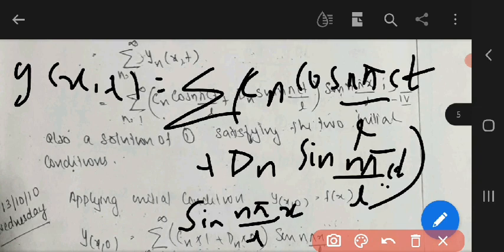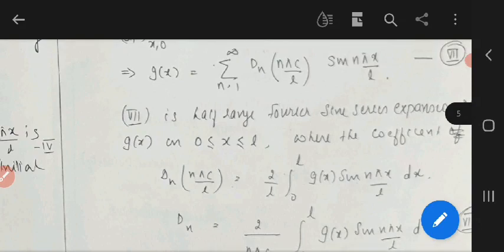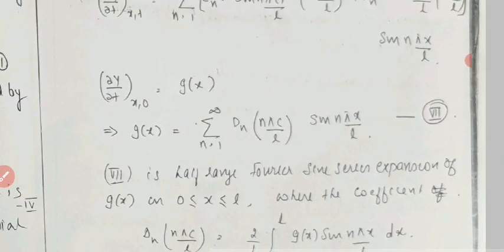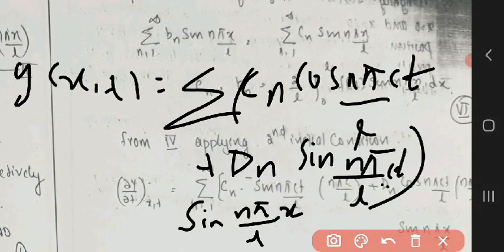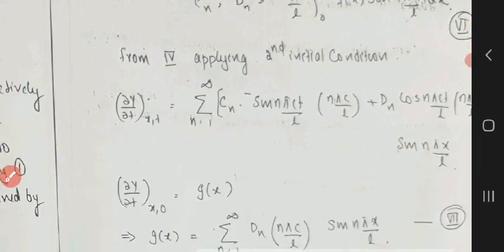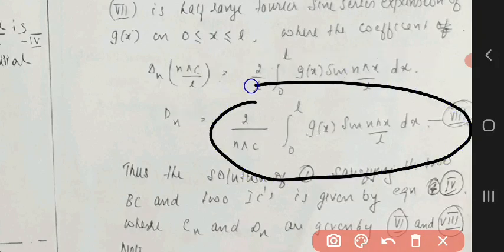This is the solution, and after substituting the initial and boundary conditions, you will get cn equal to 2/L integral 0 to L f(x) sin(nπx/L) dx, and dn equal to 2/(nπc) integral 0 to L g(x) sin(nπx/L) dx.